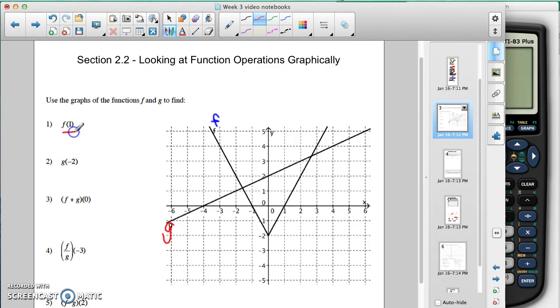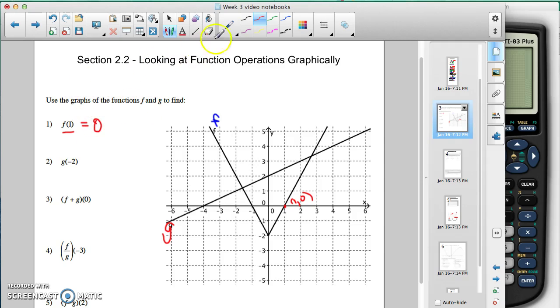So we're going to travel down the F graph until we get to 1 on the x-axis. We're looking for the one value for x, so that would be this point right here. That's going to be (1, 0). So our solution for f of 1 would be the y value of this ordered pair. So the answer to that is 0.